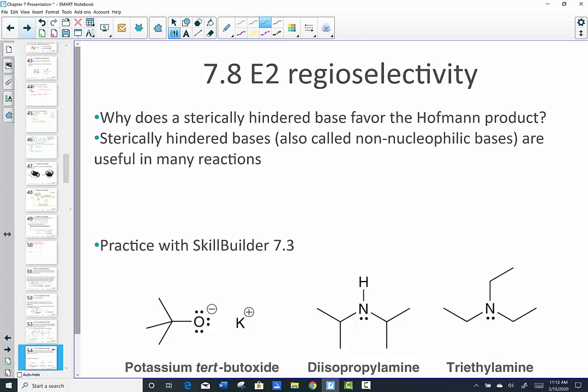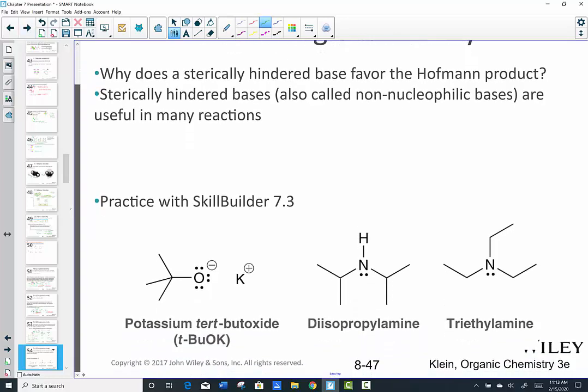So why does this sterically hindered base favor the Hofmann product? It just really is considering steric hindrance. Tert butoxide, you'll see that is T-B-U-O-K on the arrow. I need you to envision what this is. The K is the spectator ion, just like a sodium could be used.